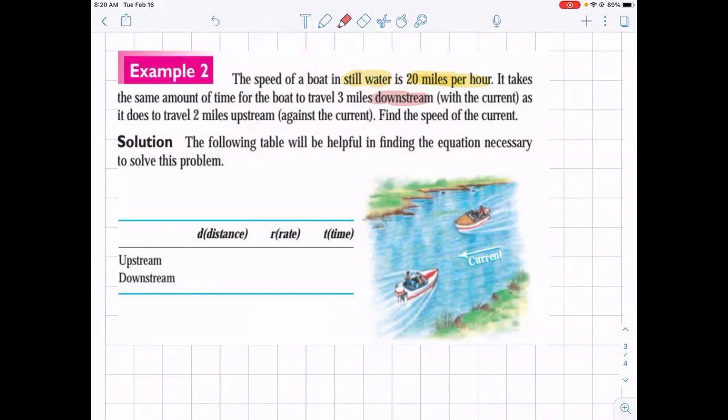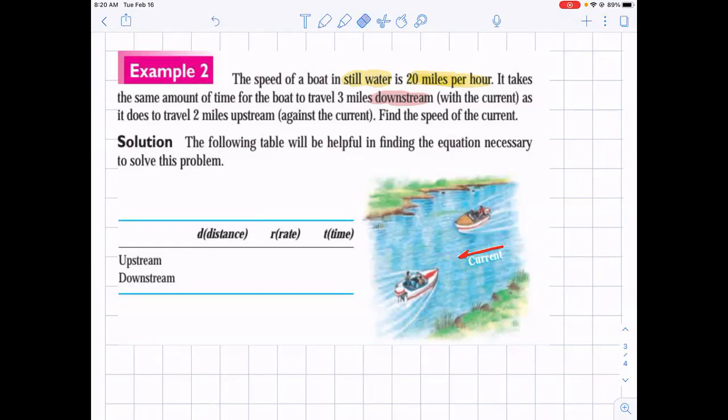So if you look at my diagram here, if the current is traveling this way, meaning the water, because the water moves depending on the tide, if the water is traveling that way and the boat is traveling in the same direction, then you're going downstream.